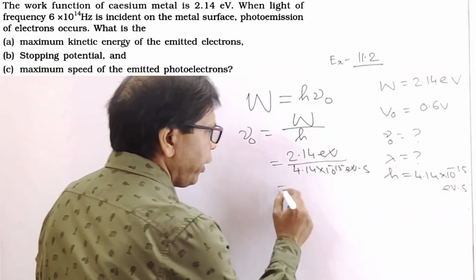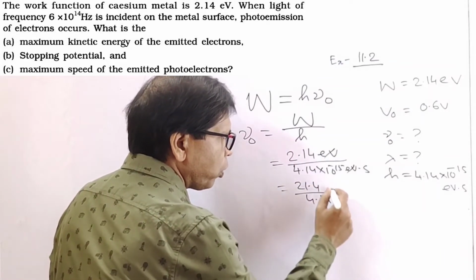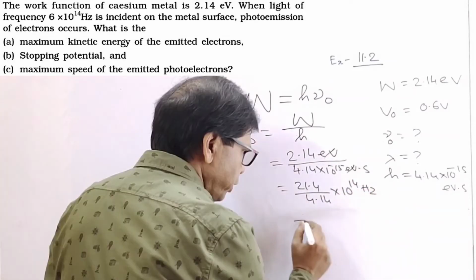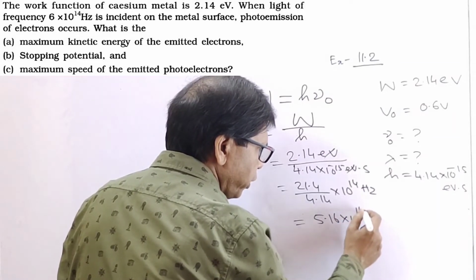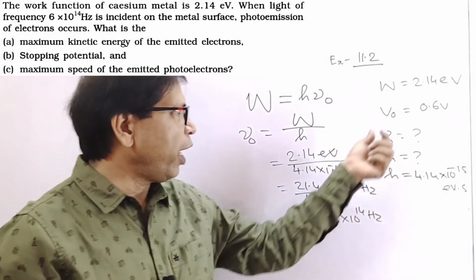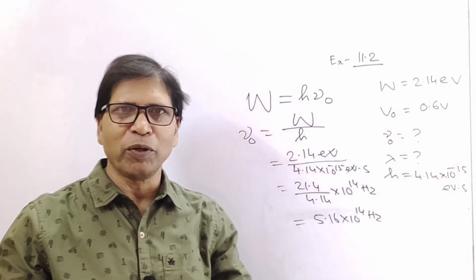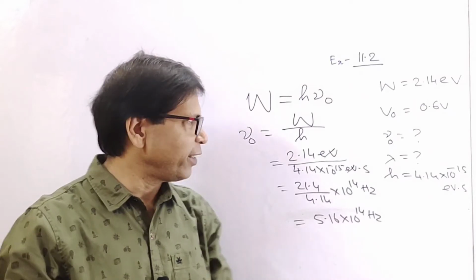So look at this. Here 2.14 divided by 4.14 into 10 to the power 14 hertz. Okay. This is 5.16 into 10 to the power 14 hertz. Okay. Now stopping potential of electron is 0.6 volt. We have to calculate the wavelength of radiation.